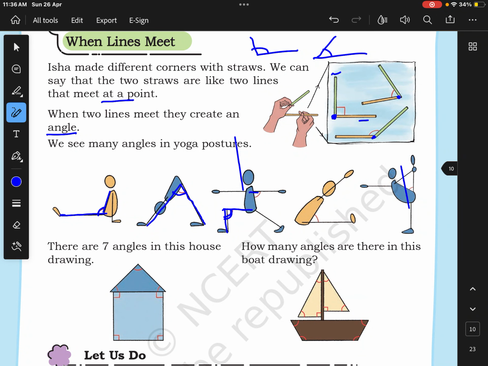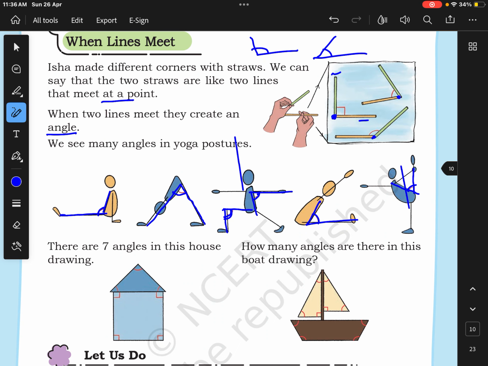When the hand is spread straight with the body, it creates an angle here. This is another way, creating another angle. Here you can see between the body and the leg there is an angle. So all these things create some angle.